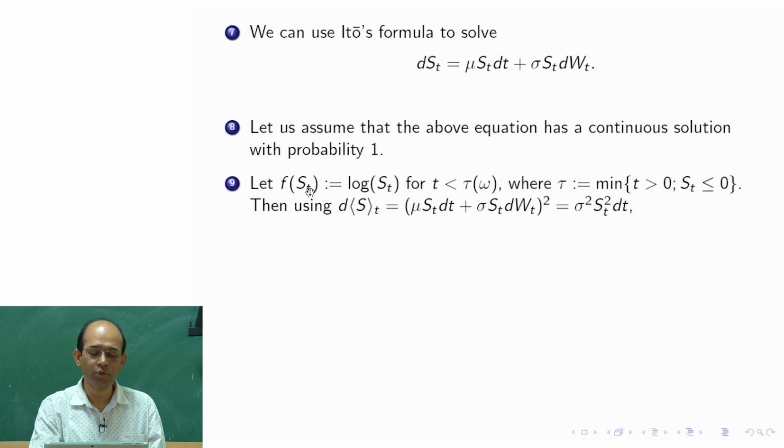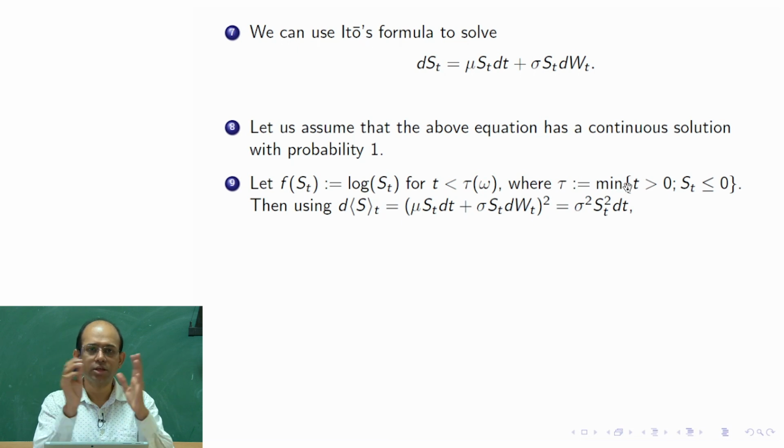We define f of st as log of st, and this is not defined when st is negative. So, we can only define this for time t which is less than the exit time of the positive domain, the first time when st becomes non positive, zero or negative.